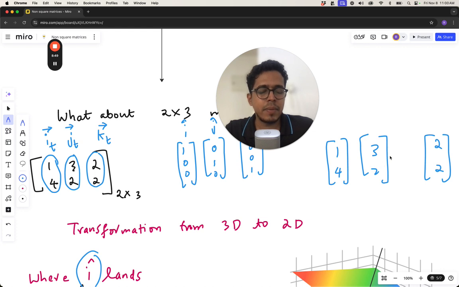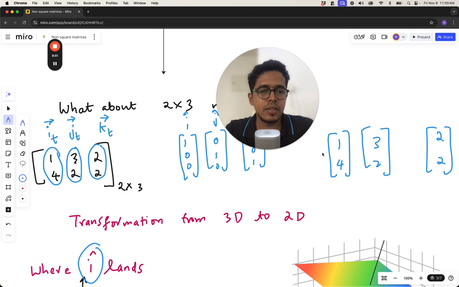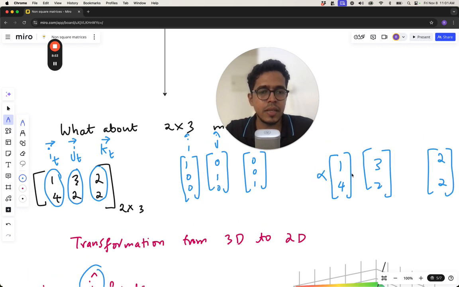Basically, alpha times (1, 4) plus beta times (3, 2) is equal to (2, 2). So alpha plus 3 beta equals 2, and 4 alpha plus 2 beta equals 2.